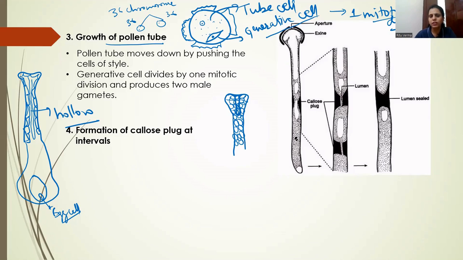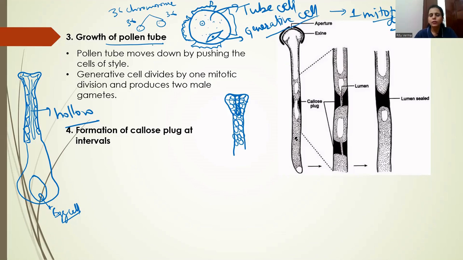So mitotic division is also known as equational division, because the chromosome number remains the same in the parent cell as well as in the daughter cells. So this was the entire structure of the pollen grain: exine, intine, then tube cell and generative cell.